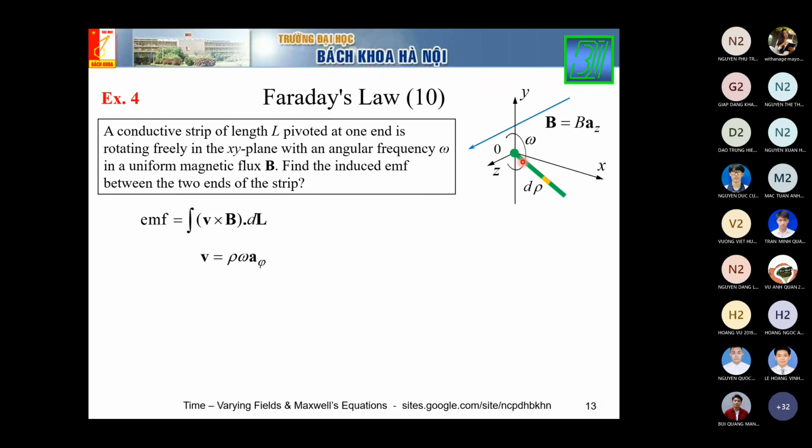We multiply the radius by the angular speed to get the tangential speed.